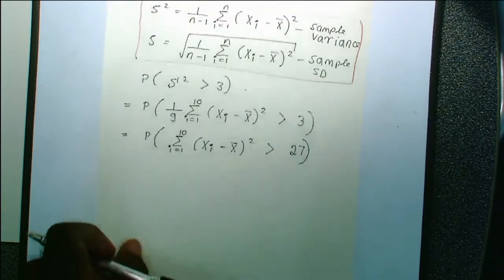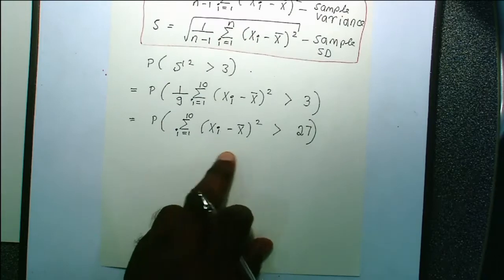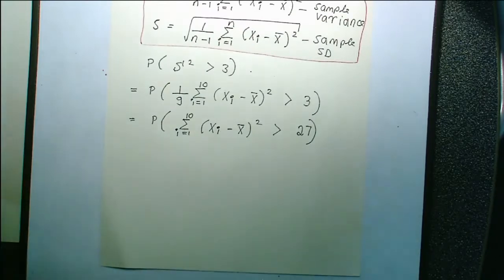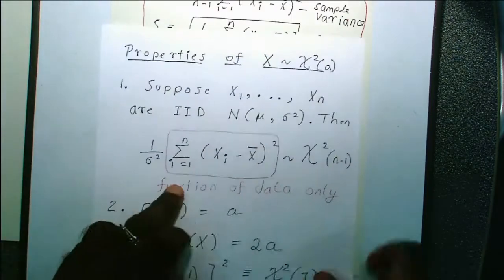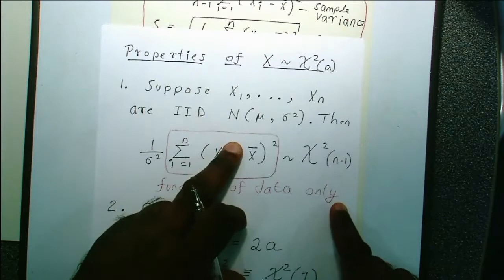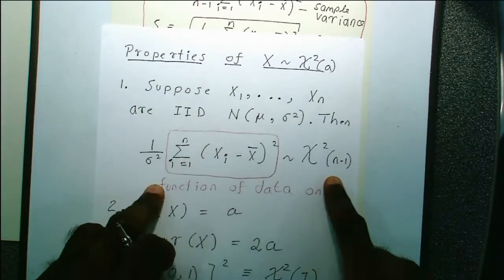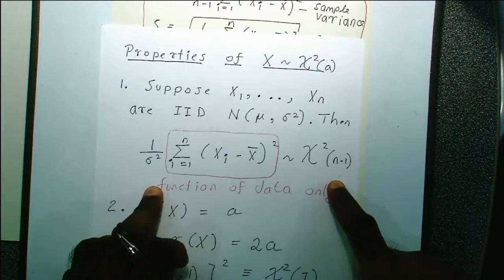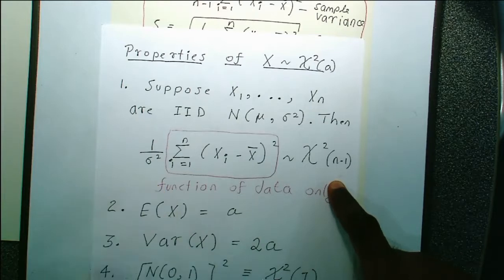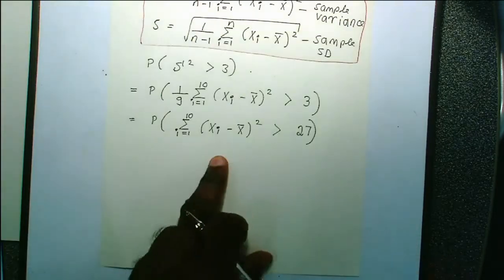Okay. Now, do you guys remember this? If you look at the properties of the chi-square distribution I talked about on Tuesday, let me get it to you now. Do you remember this property that if you have a random sample from a normal distribution, then this guy here should have a chi-square distribution with n minus 1 degree of freedom, right? So what distribution will this have?